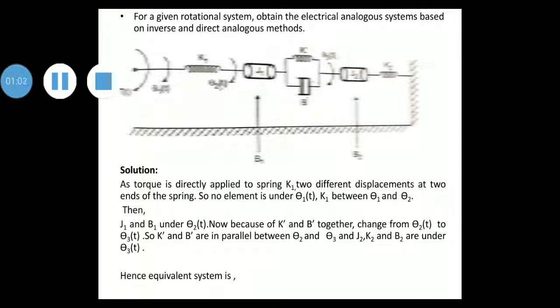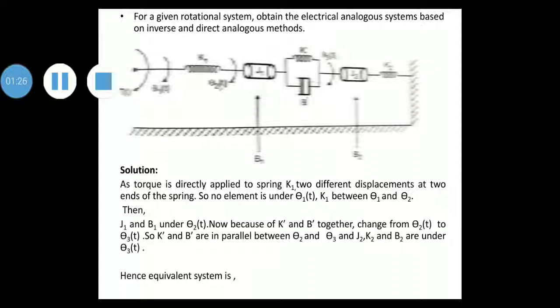Now, when we see this diagram, we can see that torque is directly applied to spring K1. Due to that, there are two different displacements at the two ends of the spring.